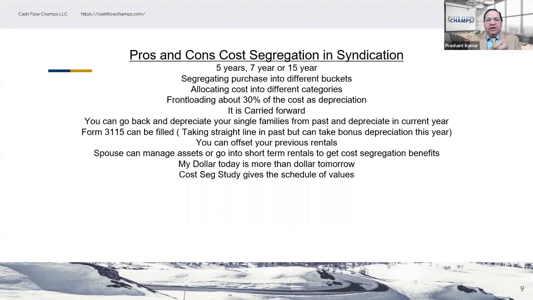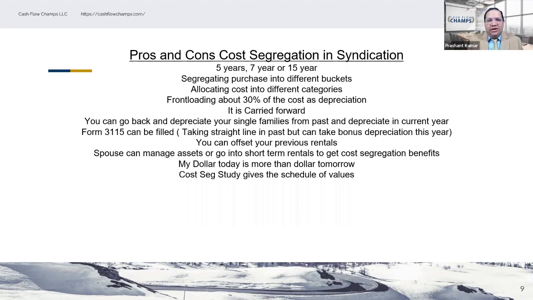Even though you have been depreciating it over 27.5 years, if you realize you can do bonus depreciation and want to do it this year, you can file a Form 3115. What it does is say, so far you have been doing straight line, but you want to do bonus depreciation now. So in the current year tax return, you do the bonus depreciation to take advantage of that.